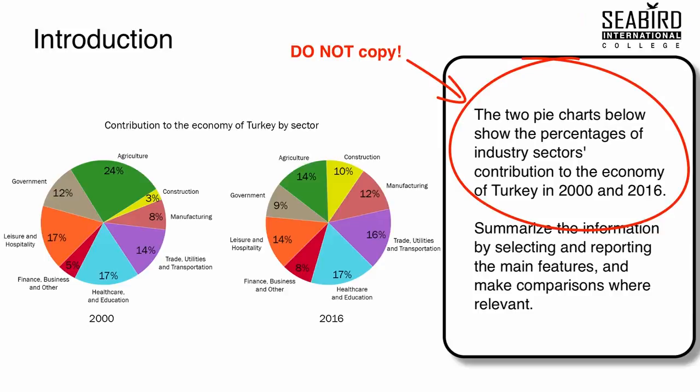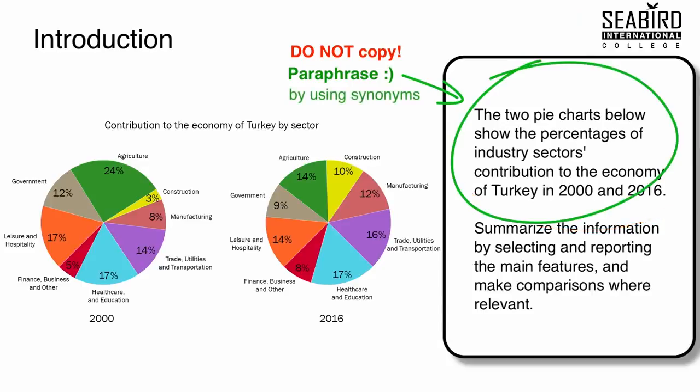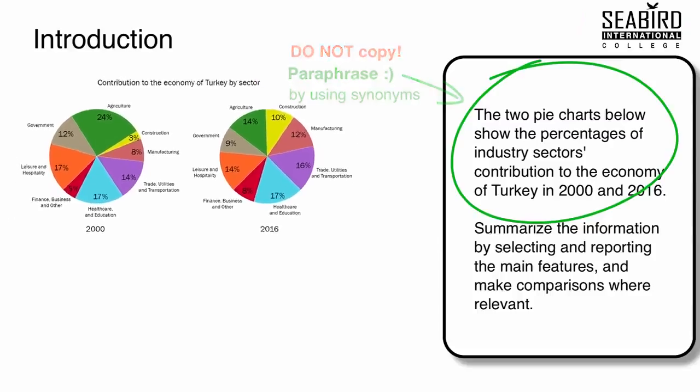Instead of writing, the 2 pie charts below shows the percentages of industry sector's contribution to the economy of Turkey in 2000 and 2016, we should write a paraphrased version of this sentence by using synonyms. And here is how I wrote it.